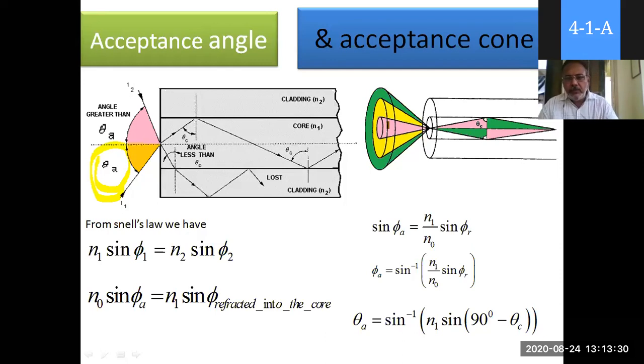Similarly, when compared to the green cone, theta A is a lesser value. So the light gathering capacity has some important inherent point in that. Numerical aperture is the square root of n1 square minus n2 square, and it is a manufactured value.